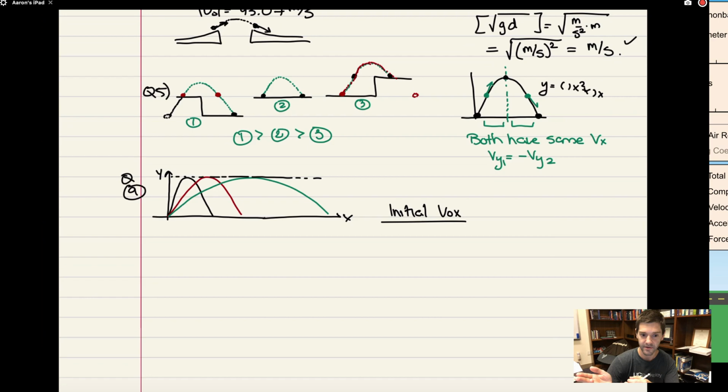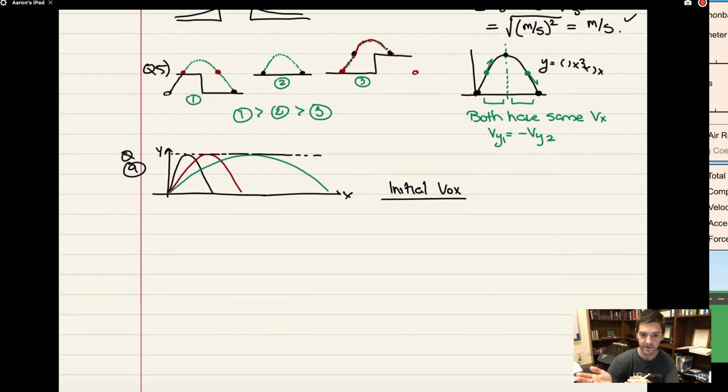So we might say something about the initial horizontal velocities in this case, where it looks like the green curve is covering a lot more distance than the red curve, which is covering a lot more distance than the black curve. So you might think that is saying something about their horizontal velocities. But the tricky part is that we don't know whether or not they spend the same or different amounts of time in the air.